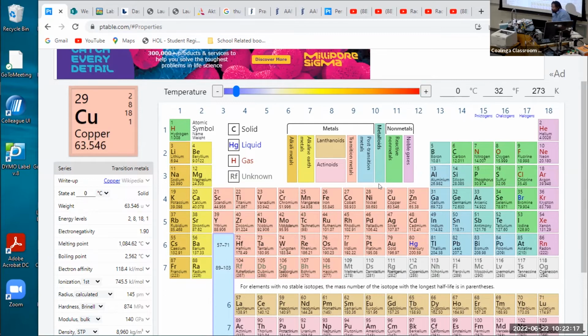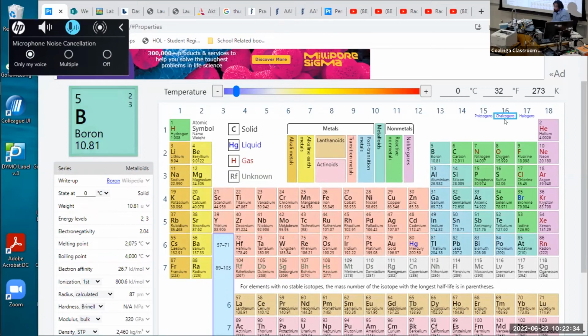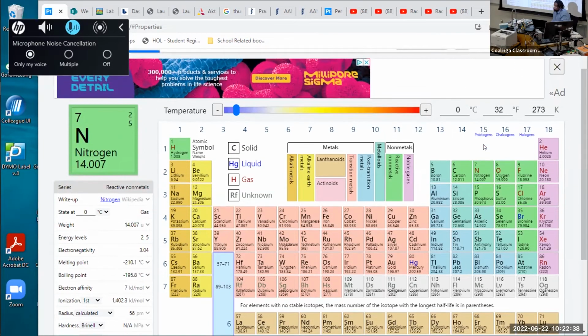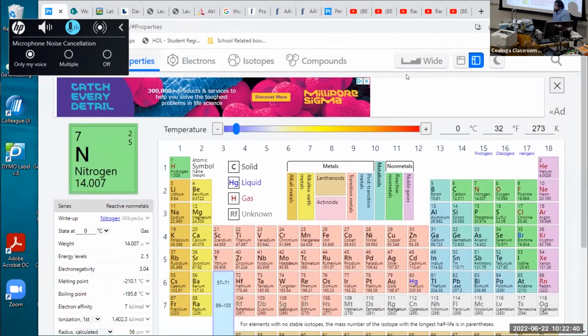So, and the other thing that I want to show you now that I have everybody here is that the periodic table really looks like this.